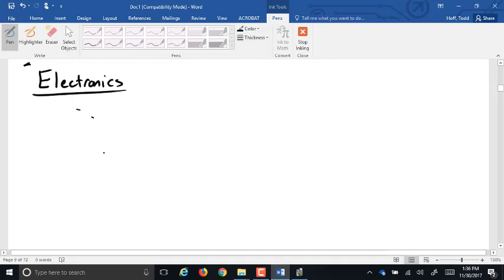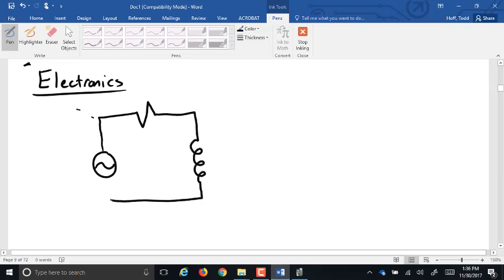if you have an AC circuit, and that's just the symbol I use for an AC voltage source, with a resistor and an inductor in it.